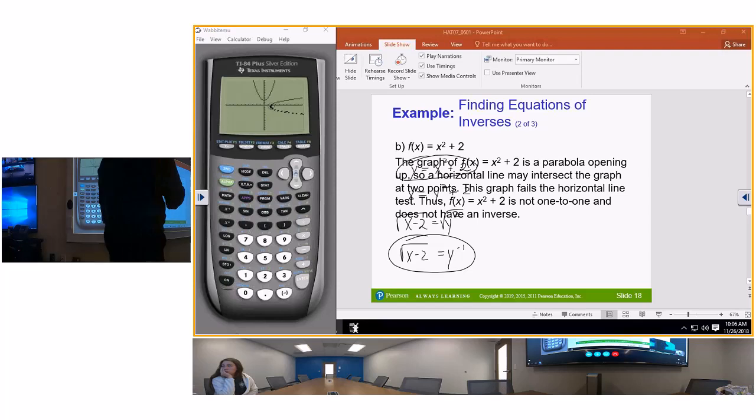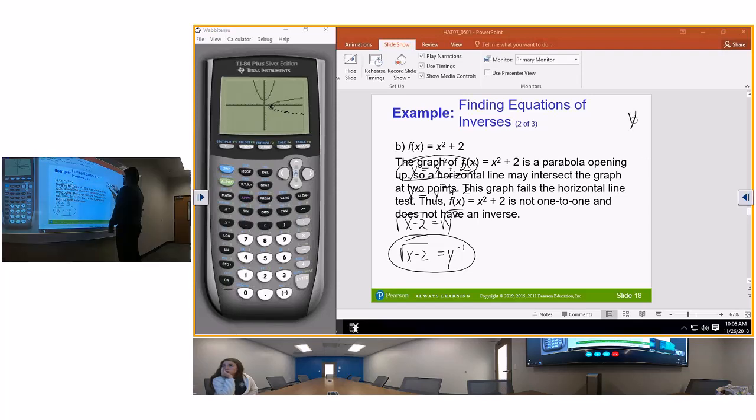We would have to do y is equal to x squared, let's see, I'm thinking, y'all, that would be the square root of x minus 2 plus 6 is equal to y inverse. So that means I need to switch.